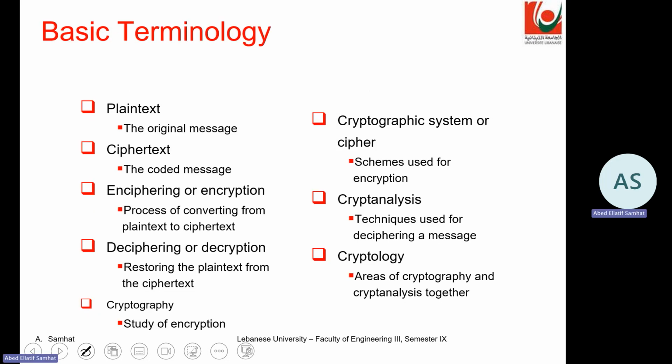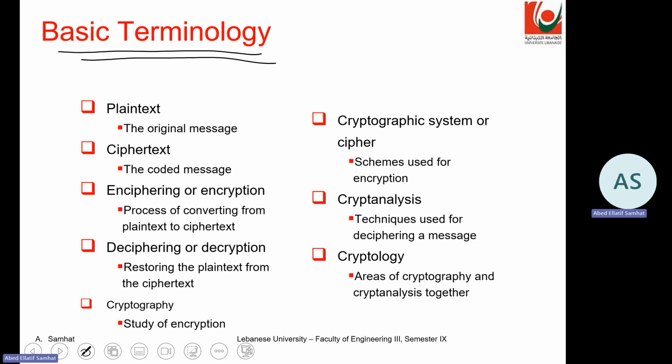So let's start as an introduction with the basic terminology. For those who were in the cyber community, they are aware about those terminology, but because this course is for all of you, we should present them completely. So let's start with the plain text.